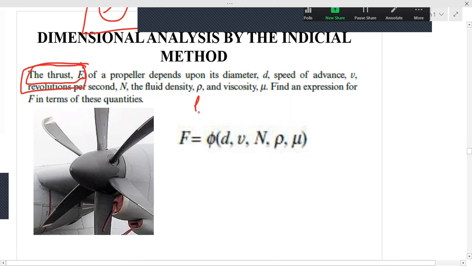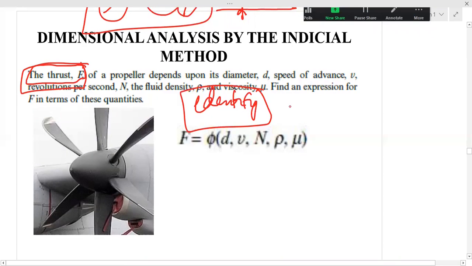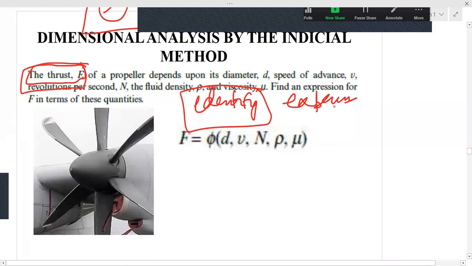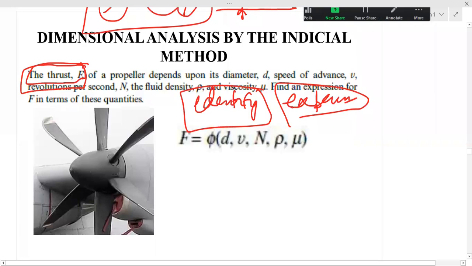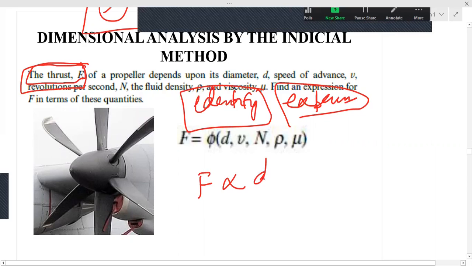So how will you identify those parameters? First of all, by experiment, sir, by varying different things. You will carry out preliminary experiments, but if I ask you how it will vary, what will be your answer? That is, whether the thrust force is directly proportional to D, or D square, or 1 by D cube.